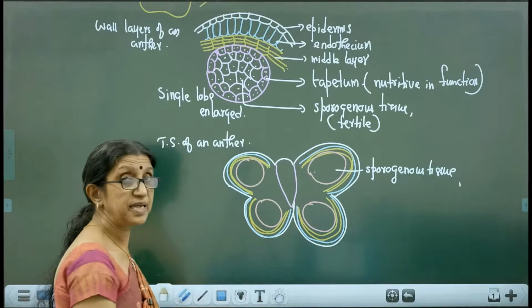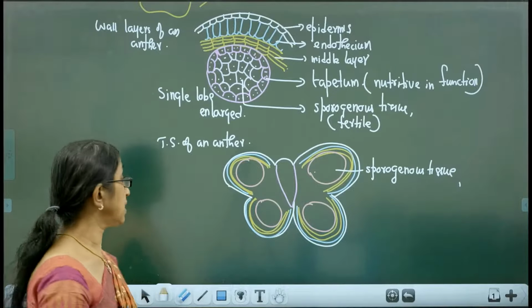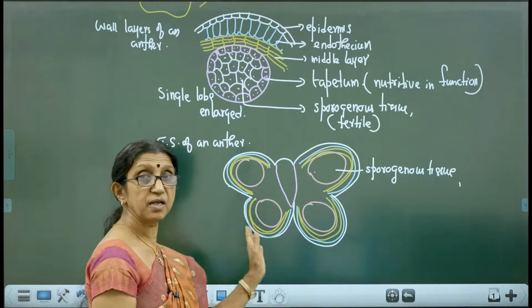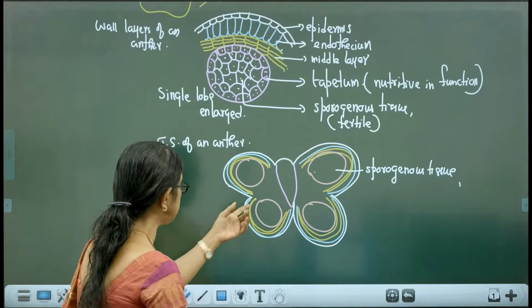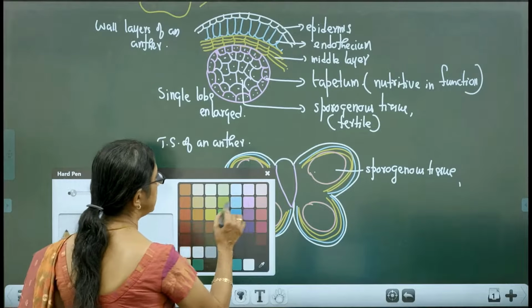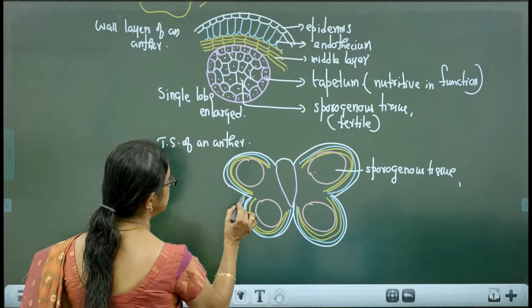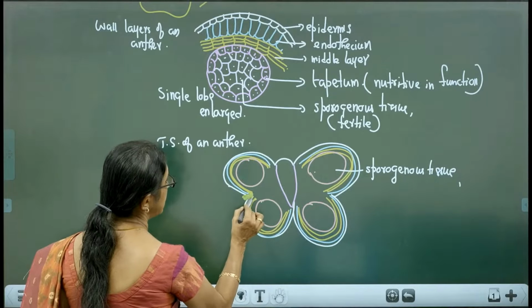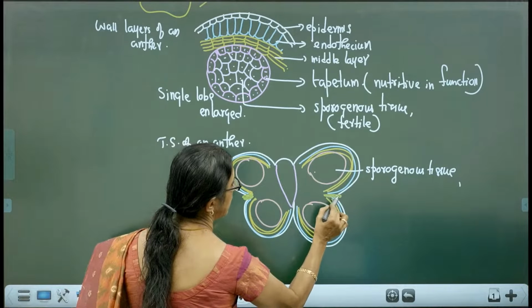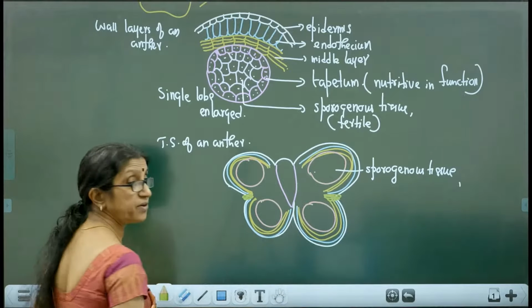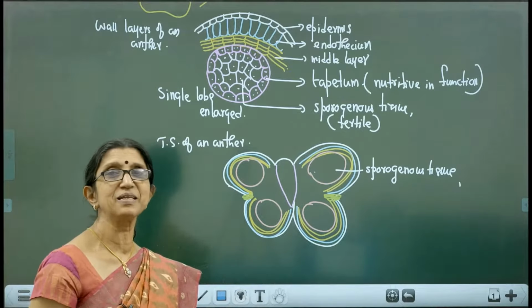See, the endothecium and middle layers run from this point and end here in all the four lobes. And this is the position of thin-walled cells. Here we can see thin-walled cells called stomium. And that marks the point where the anther dehisces to release the pollen grains.